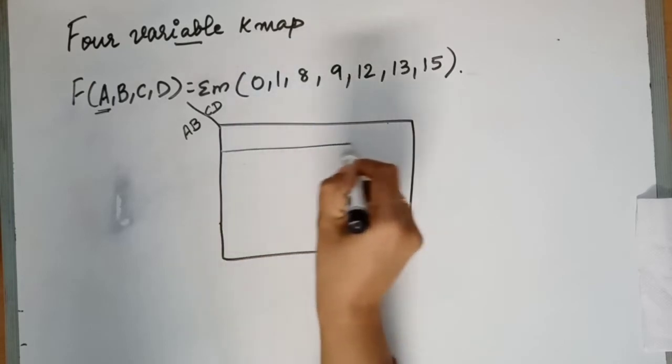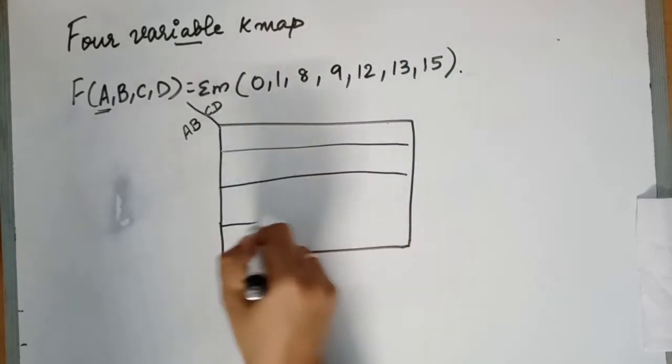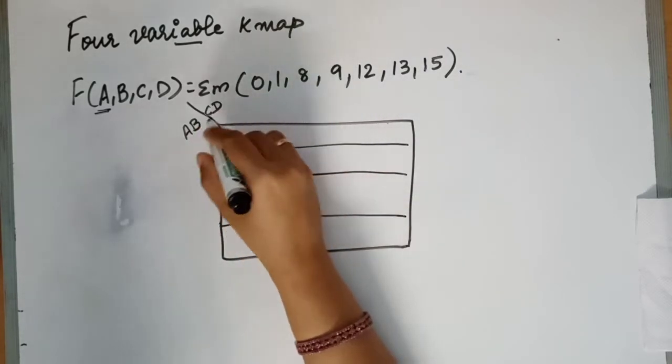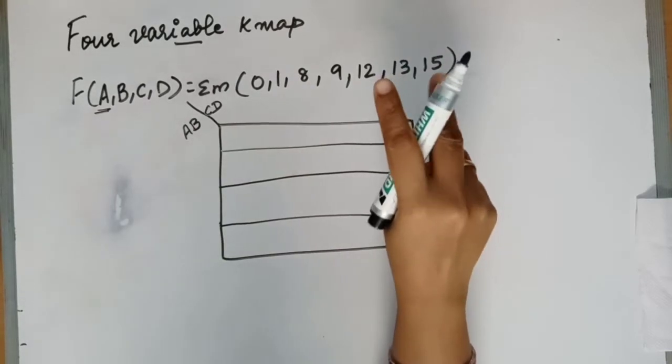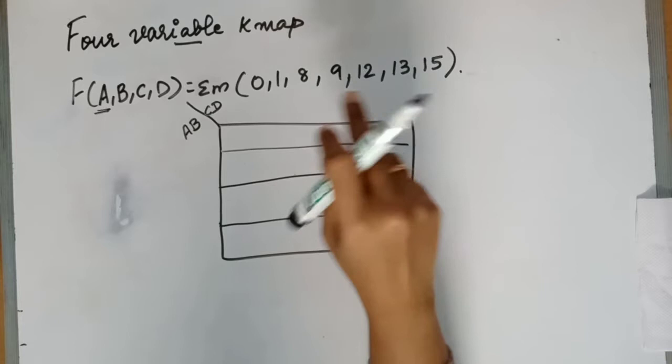So 1, 2, 3, 4. And CD also, since there are 2 variables, it can take 4 values, that is 0 0, 0 1, 1 1, 1 0.